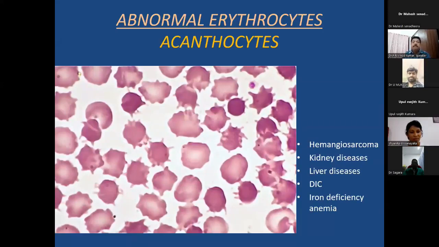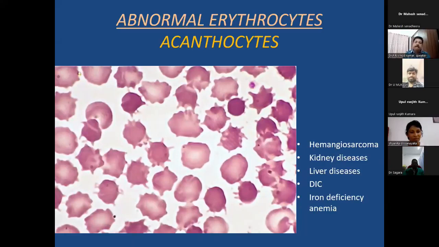Whenever you examine the blood smear of a chronic kidney patient, you can see acanthocytes because of the shrinking of the individual erythrocyte. The shrinking occurs because the plasma contains more salt. The kidney normally filters these salts, but now the kidney is unable to filter them. So what happens? The plasma becomes more concentrated.